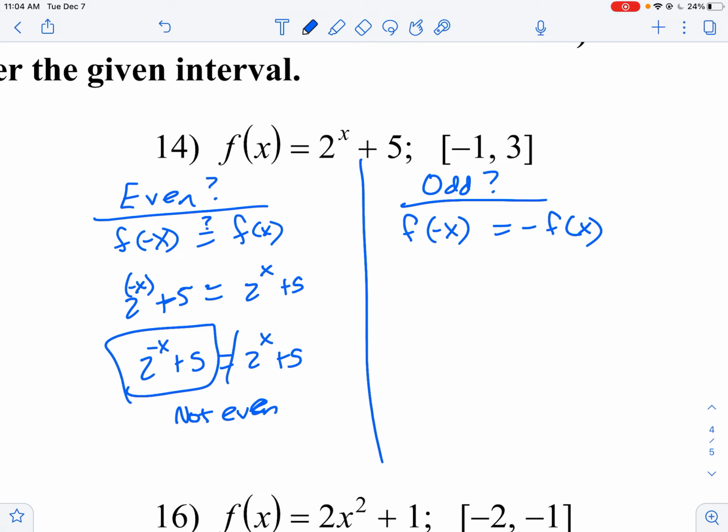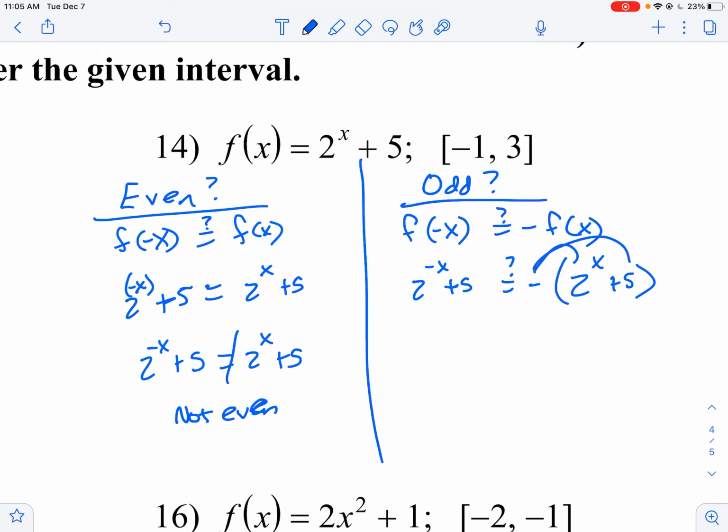It's this thing: 2 to the negative x plus 5. Is that the same as negative, and I need to put what my f of x is, which is 2 to the x plus 5? Well, on the right side, we need to do some simplifying. We're going to distribute this negative here, and we get negative 2 to the x minus 5. Is that the same as 2 to the negative x plus 5?